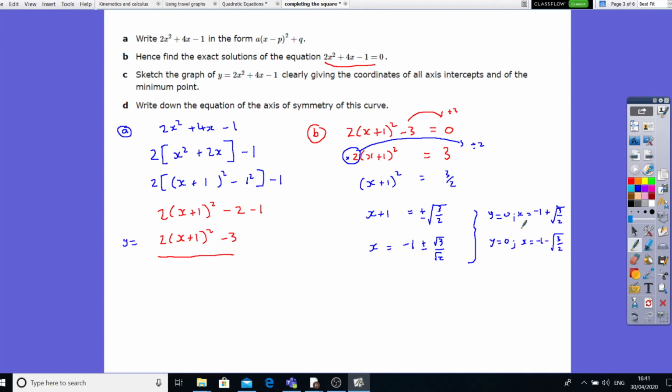Okay, we need this when we later do sketching. In fact, when we do in part C, when we're sketching the graph.